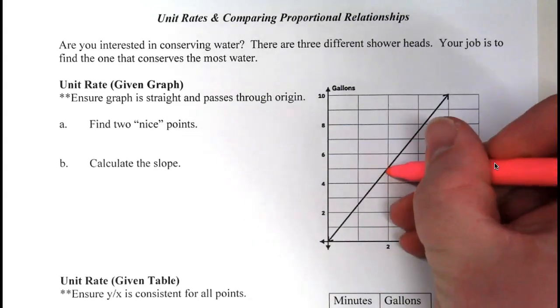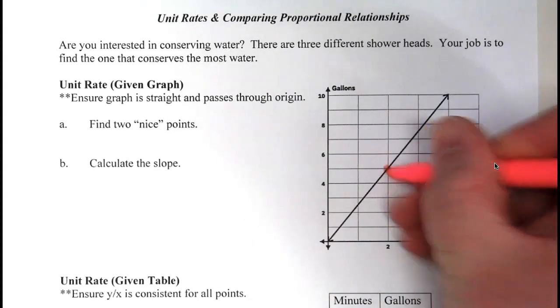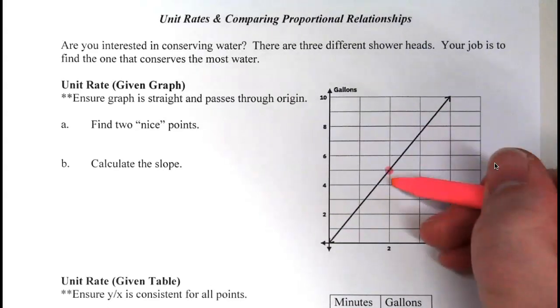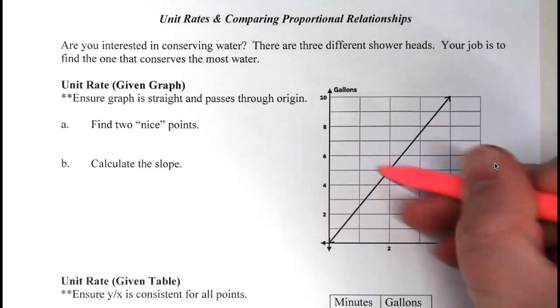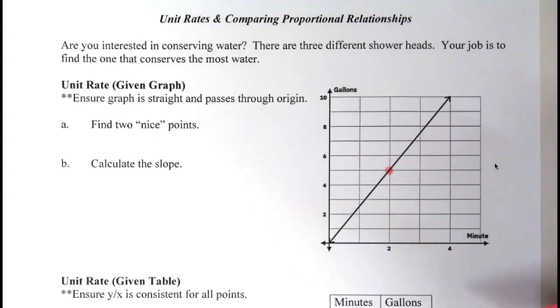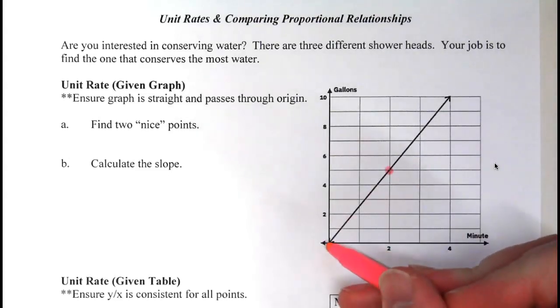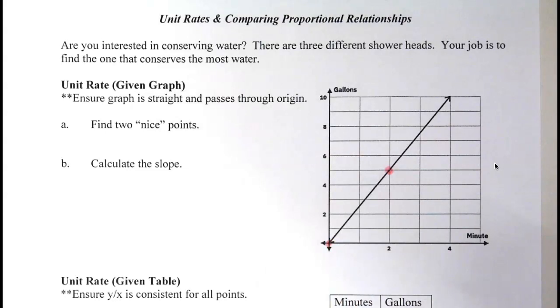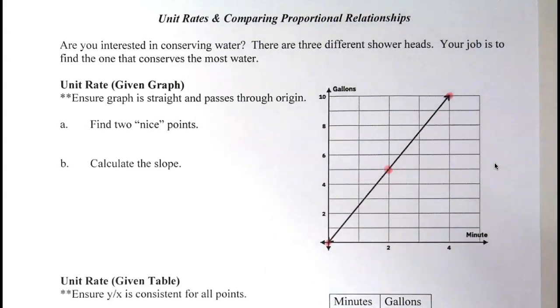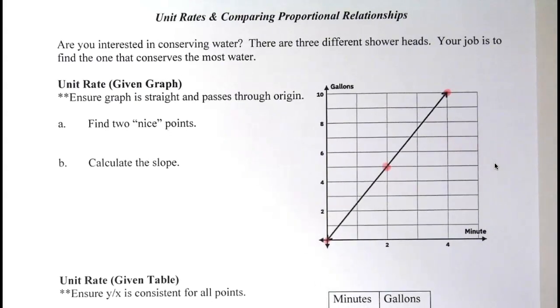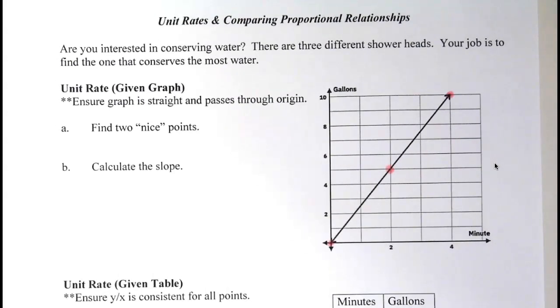For instance, this point right here is nice because it falls directly where the vertical line and the horizontal line meet. We also have another nice point down here at 0, 0. And we have another nice point right up here. So we have three nice points to choose from. We just need to do two of them.